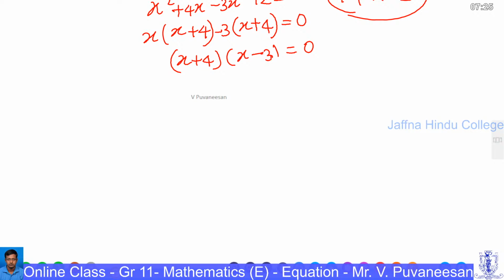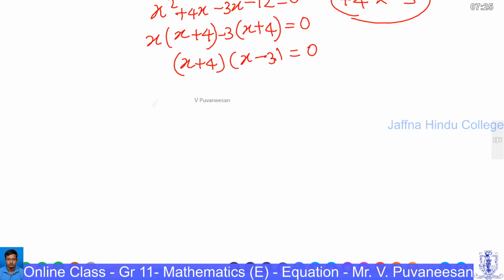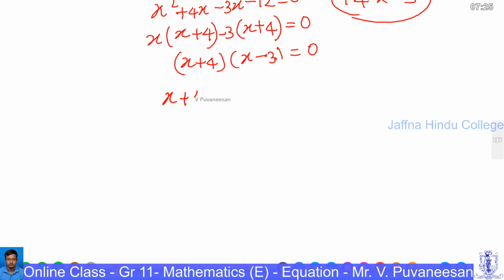So x plus 4 equals 0, or x minus 3 equals 0. If x plus 4 equals 0, I take plus 4 to the other side and it becomes minus 4. So x is equal to minus 4, or if x minus 3 equals 0, x is equal to 3.